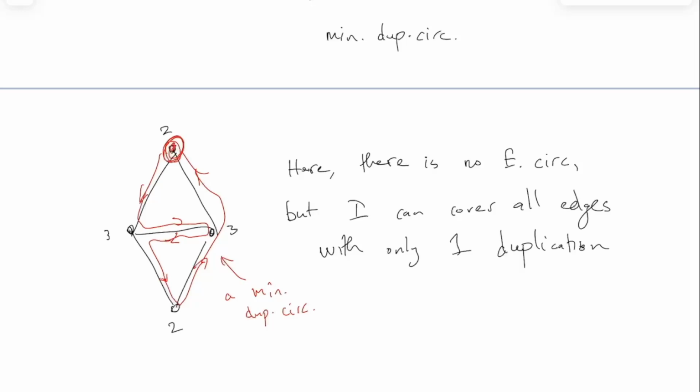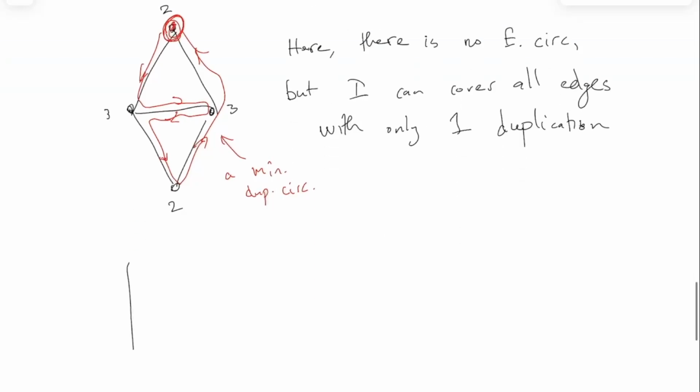In this case, it's not possible to do it with no repetitions, but you can do it with only one repetition, like I just did, all right? So what our job is for this topic, there's kind of two questions at play here. First of all, how do you figure out how many duplications are necessary? In this graph, you can do it by duplicating only one, although in some other graphs, actually this one, so this graph actually is a lot worse.